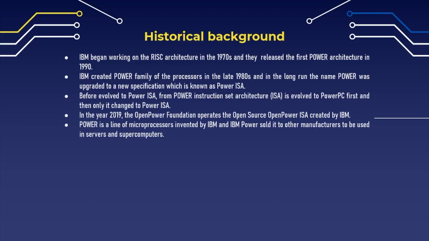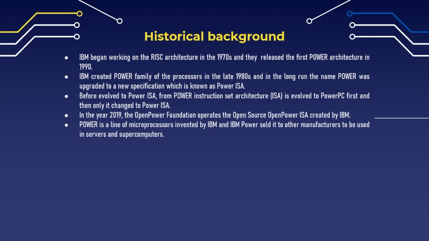Before evolving to Power ISA, the Power instruction set architecture evolved to PowerPC first and only then changed to Power ISA. The Open Power Foundation operates and maintains the open source Open Power ISA created by IBM in 2019. Then the administration of the Open Power Foundation was handled by the Linux Foundation.